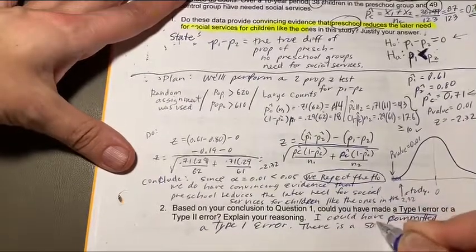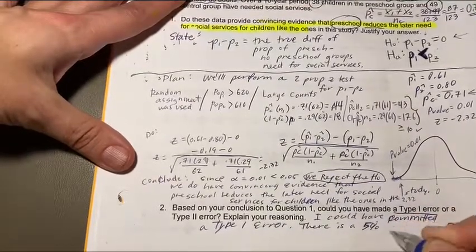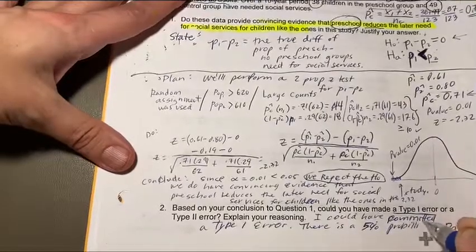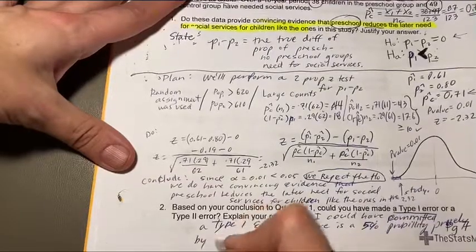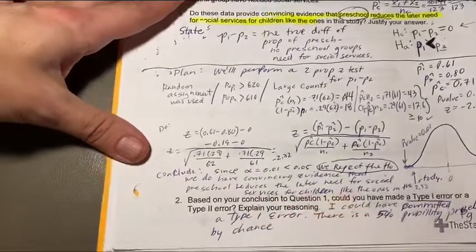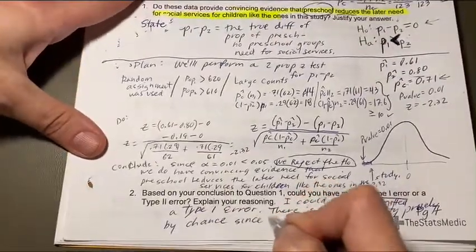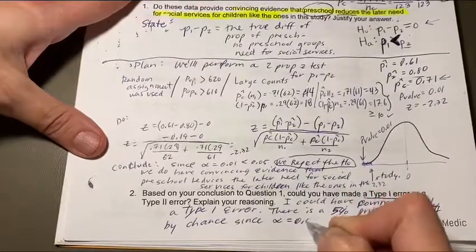It's a 5% probability purely by chance, since alpha is 0.05.